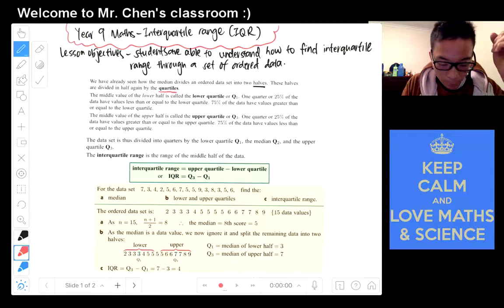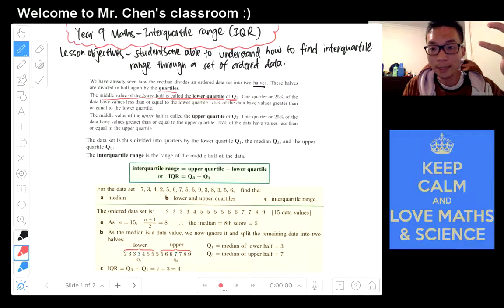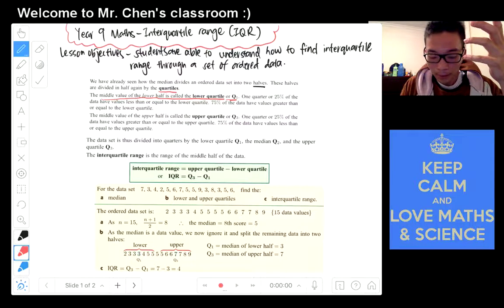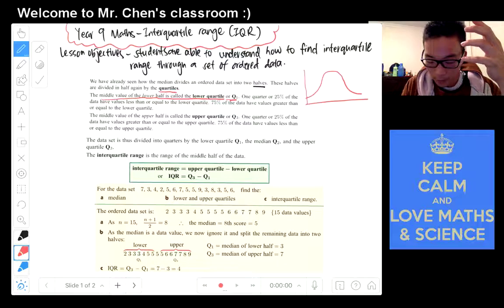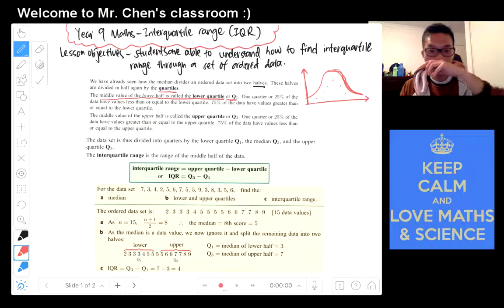So the middle value of the lower half is called the lower quartile, Quartile 1, I mean Q1, sorry. Let's say you have a set of data, lots of data, and your data is presented like a bell curve.